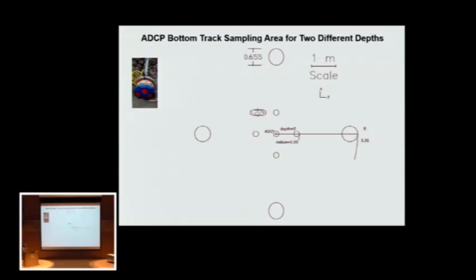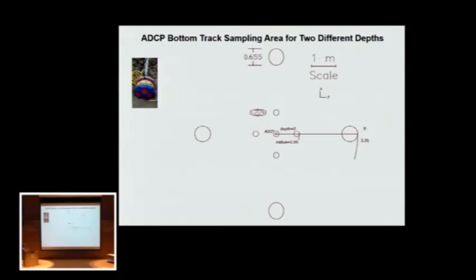The ADCPs usually have 4 beams, and so each of those beams sends the acoustic pulse down to the bed. This is what the bed locations would be if the ADCP had a depth of 2 meters above the bed. And you can see that each of those sample areas encompasses a circle that is about the same as the depth.